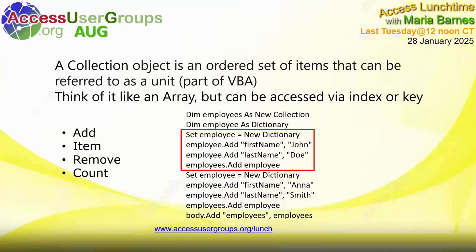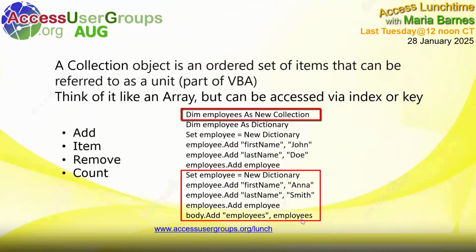And then I take that collection and I add the employee dictionary to it. That's in this line right here. And then I do the same thing and add a second employee, and then I add that employee. So that will become the second item in the collection. And then at the very end, I go back to my body and I add employees, which is the collection here, as an item.